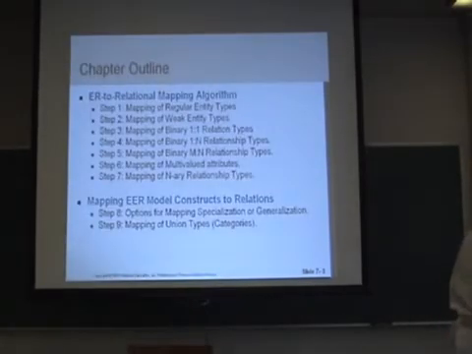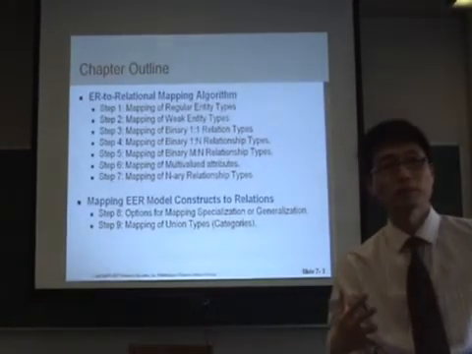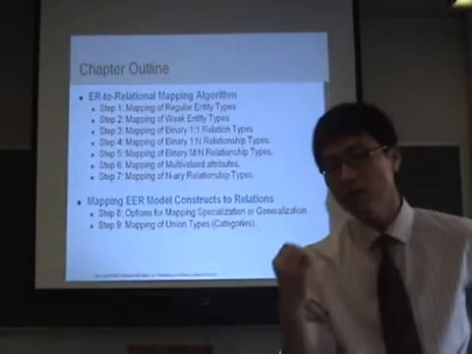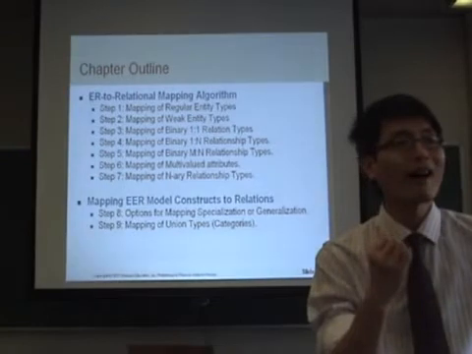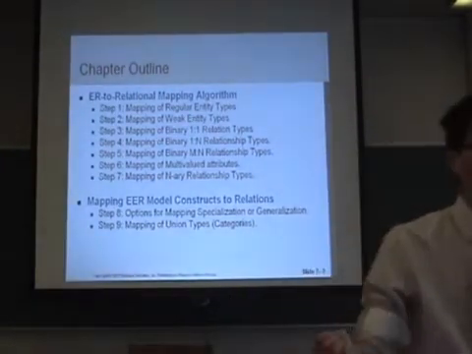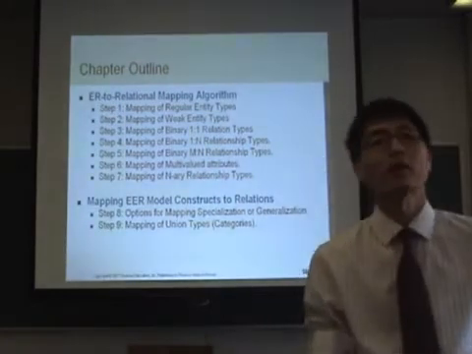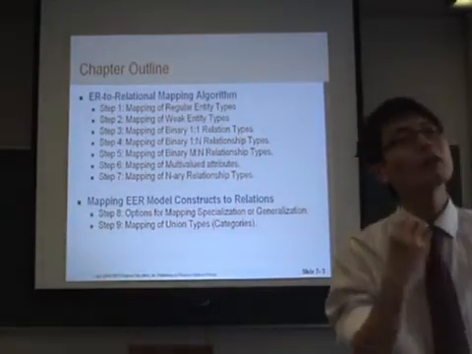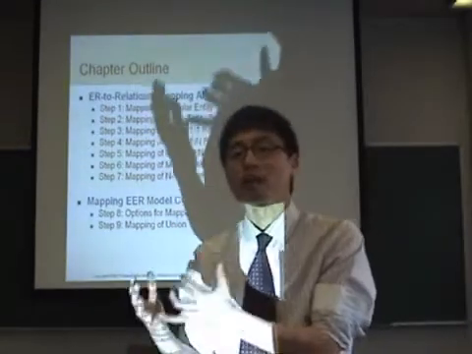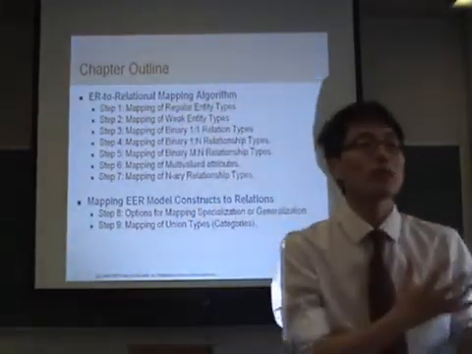The next three steps are for the relationship, based on the cardinality ratio: 1 to 1, 1 to many, many to many. In step 3, 1 to 1, there are three methods to map a 1 to 1 relationship to the relational model.